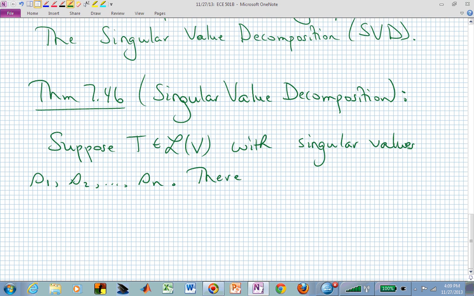Associated with those singular values, there exist orthonormal bases, two of those.